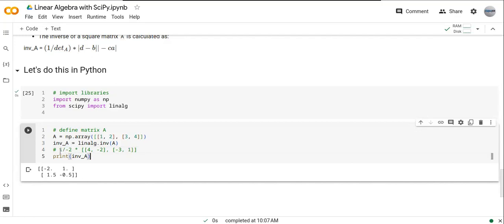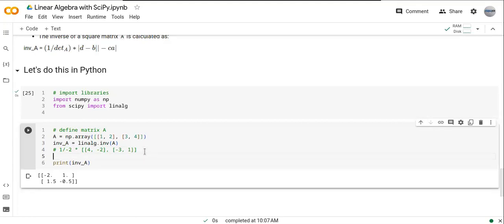Let's multiply. Minus 1 over 2 multiplied by 4 is minus 2, and minus 1 over 2 multiplied by minus 2 is 1, and minus 1 over 2 multiplied by minus 3 gives us positive 1.5, because 1 over 2 multiplied by 3 is 1.5.